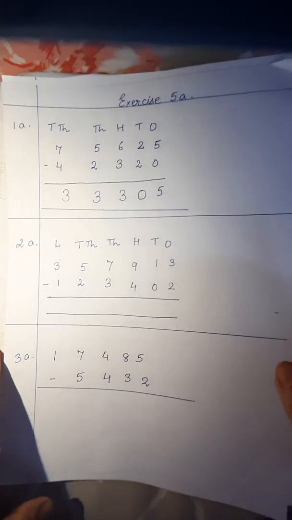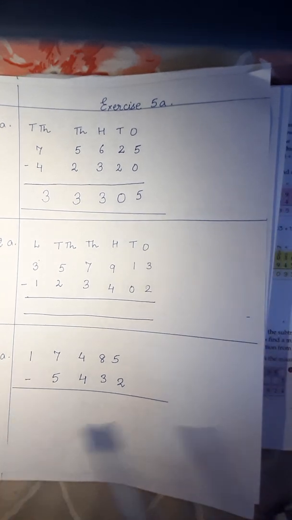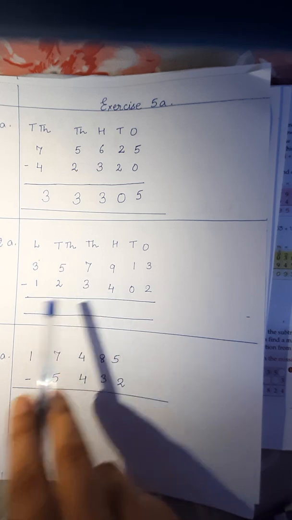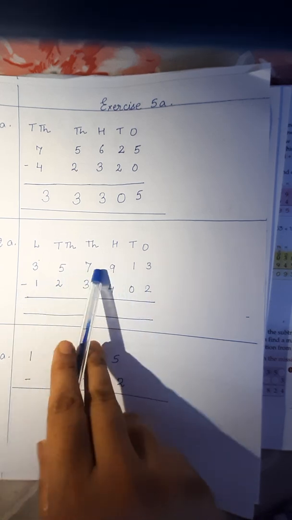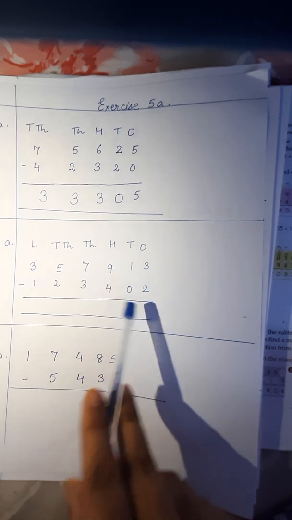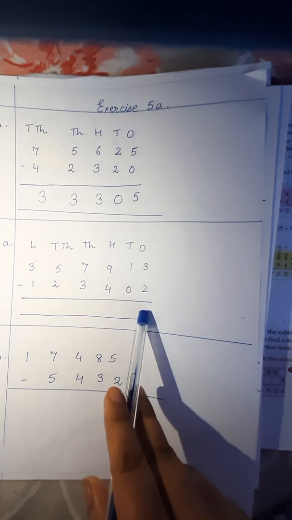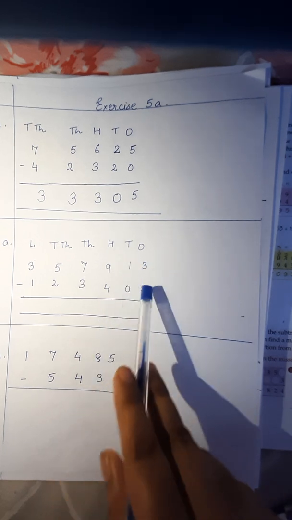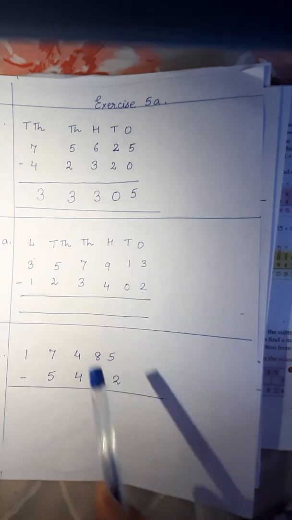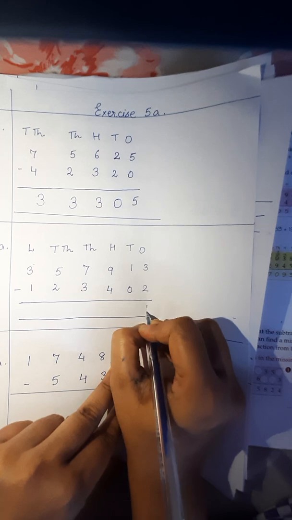This is question number 2A. This is also what you have seen here. Here also the numbers are arranged in column form. So we will start subtracting from the digits which are at ones place. At ones place we have 3 and 2. When we subtract these two digits, we get 1. 3 minus 2 will give you 1.